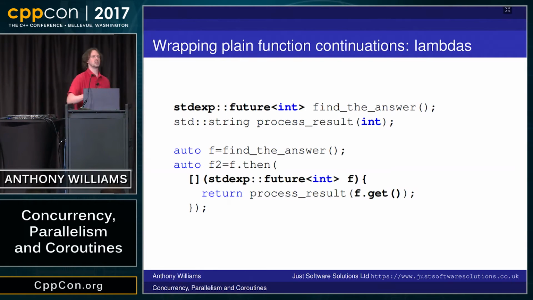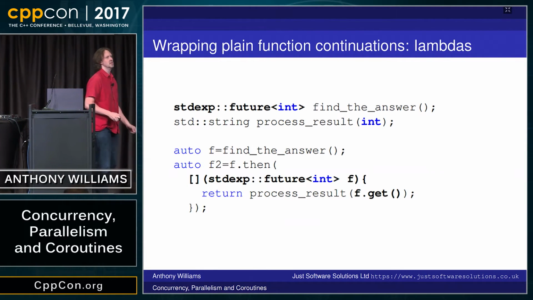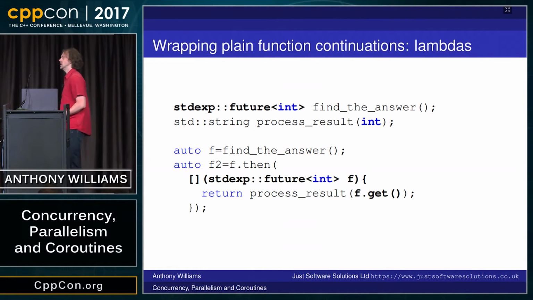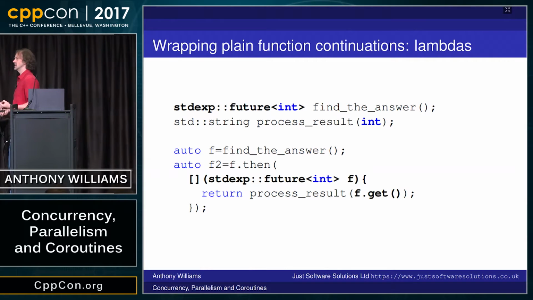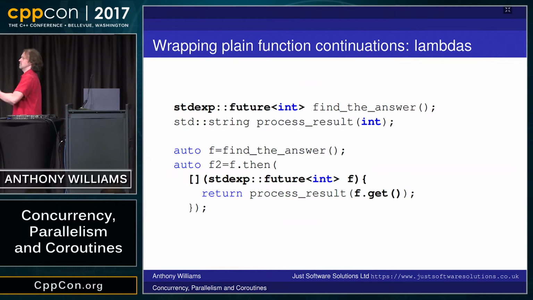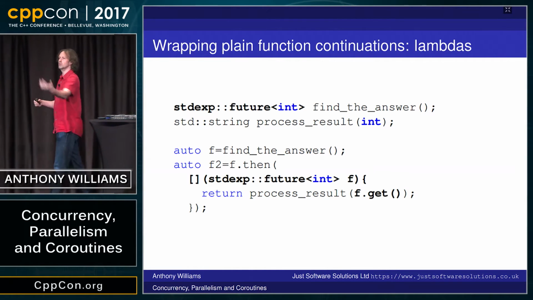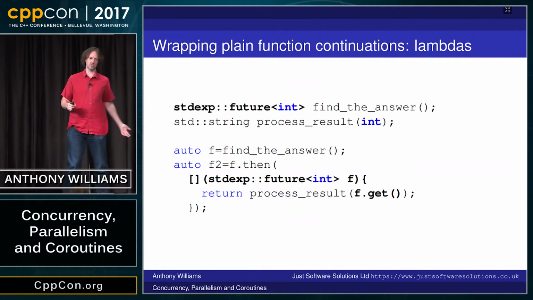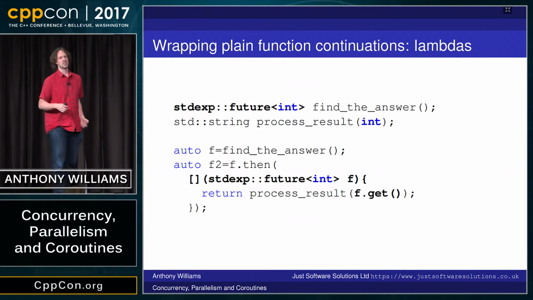If you just want the exception to propagate and you don't want to handle them, and having a function for your continuation that takes a future as the parameter is undesirable for your circumstance, possibly because you already have a function that you want to use that doesn't take a future as a parameter, then it's easy enough to wrap it in a lambda.